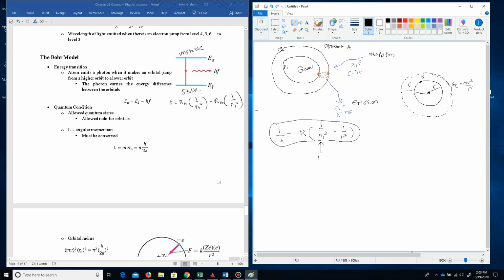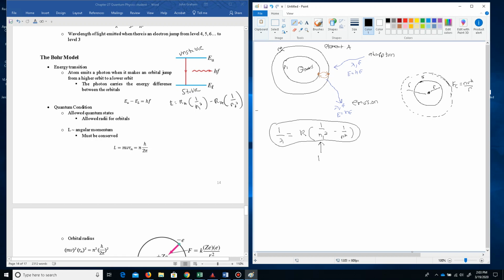And from this, we have that the angular momentum must be conserved. And that angular momentum, remember, is going to be mass times velocity times the radius, based on what energy level you're in. So it's found to be the energy level n times Planck's constant h over 2 pi.